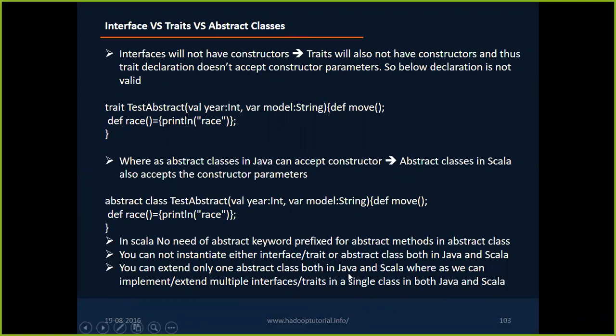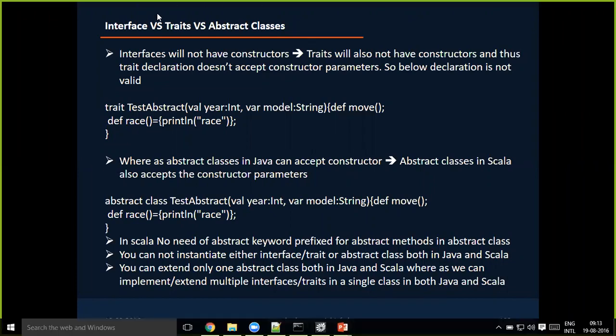So what I'm concluding here is that your interfaces and traits function very similarly. The only thing is traits will accept an extra method implementation. Just because of that, we don't recommend the usage of abstract classes in Scala.